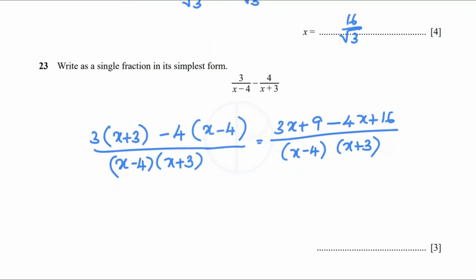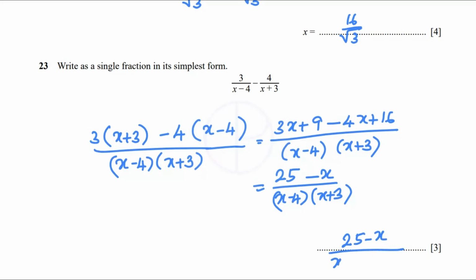Now let's simplify the numerator. 3x minus 4x will be minus x. 9 plus 16 will be 25. 25 minus x divided by (x minus 4) multiplied by (x plus 3). This is the final answer.